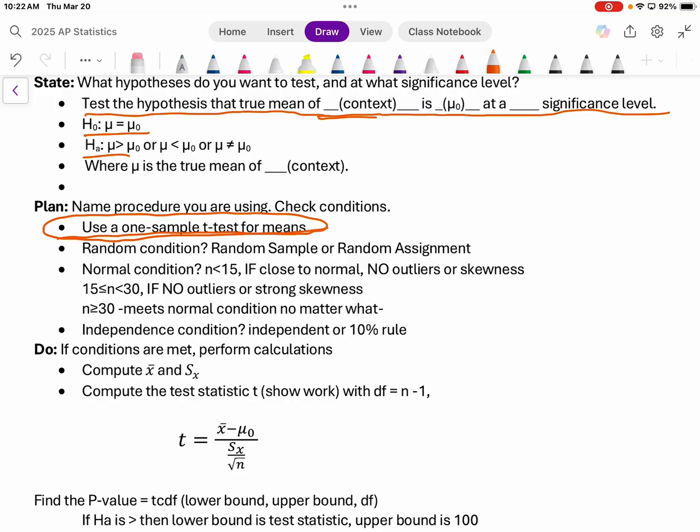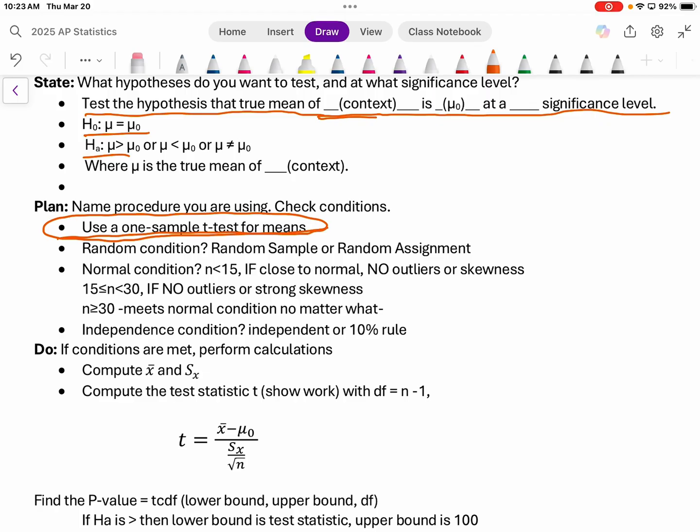Random condition, we're doing the same thing. Is it a random sample, a random assignment, or a random experiment? Then we get to check for normal based on those three conditions we went through a moment ago. Check independence for the 10% rule. And then we go through and calculate.